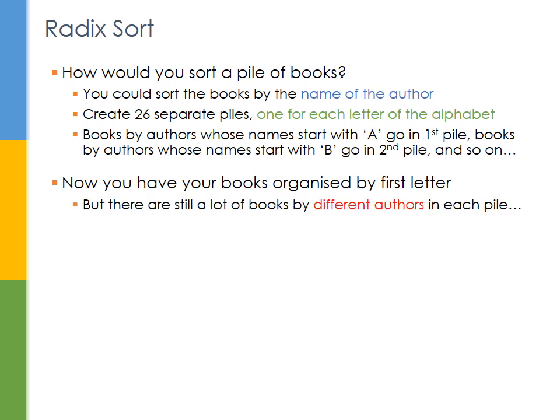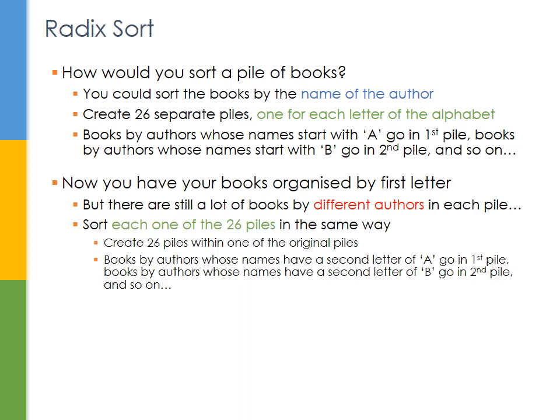But of course, there are a lot of authors whose names start with the same letter. So we can't stop at this point. We have to continue with our sorting procedure. For every one of our 26 piles, we would then have to sort those in the same way.